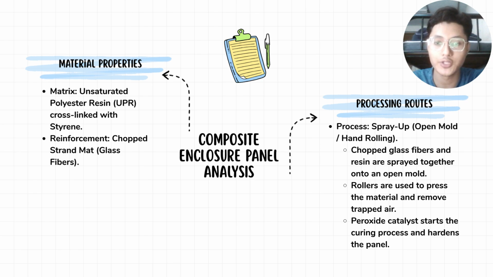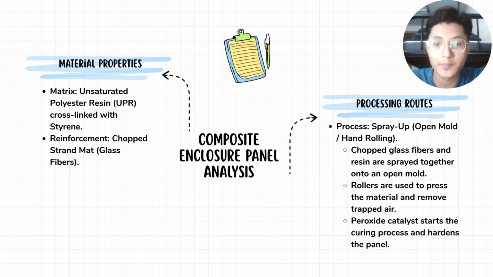Next, we move to the composite enclosure analysis. It is made from unsaturated polyester resin. This material consists of double carbon bonds that will react with styrene to produce a rigid and cross-linked 3D network. And it is also made from reinforcement, which is glass fiber. Next is the processing route.